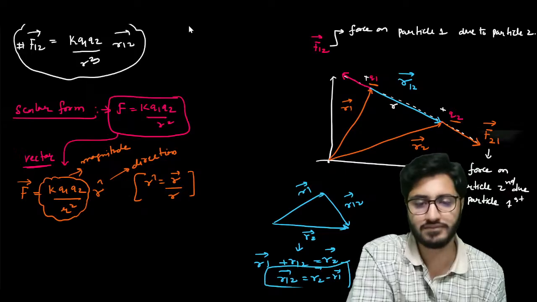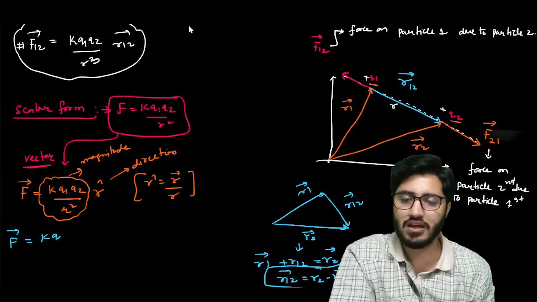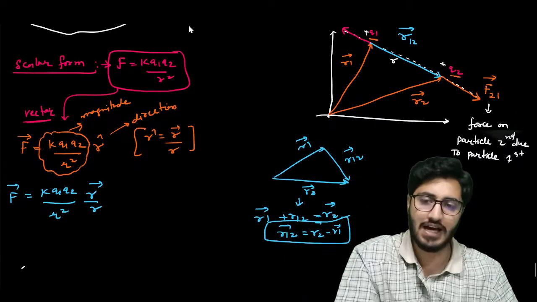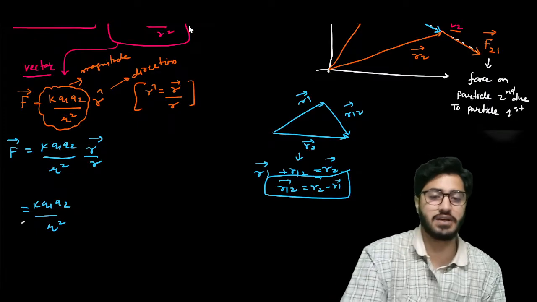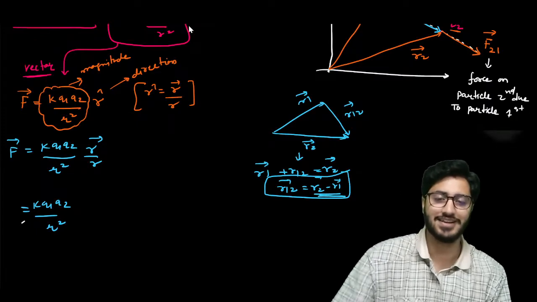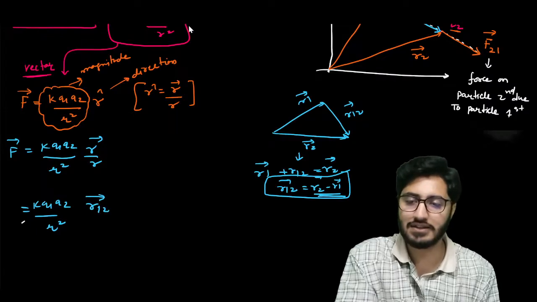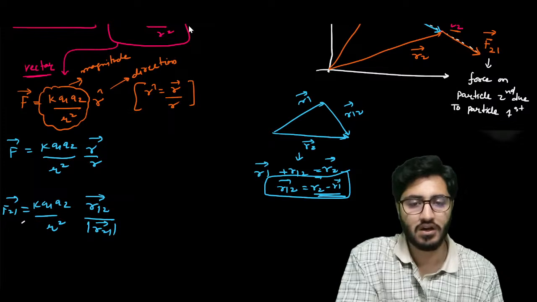Look, I can write F is equal to K Q1 Q2 by R square R cap, and R cap is R vector by R. So what is the R vector now? I can write K Q1 Q2 by R square times R12 vector, for F21, divided by R21 magnitude.